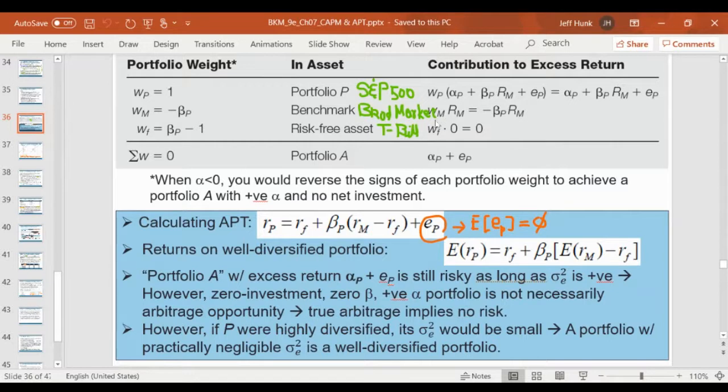The weight of the benchmark will be exactly negative beta, if you multiply.